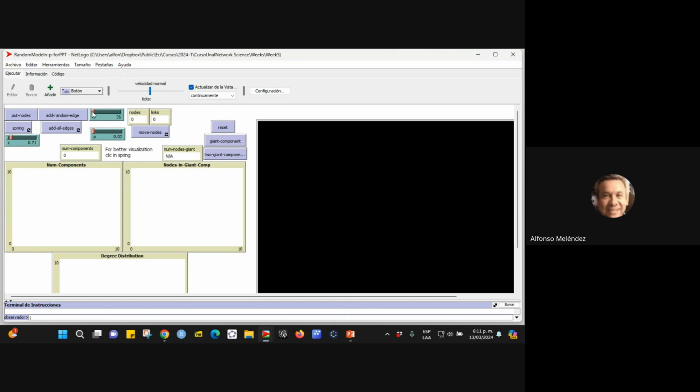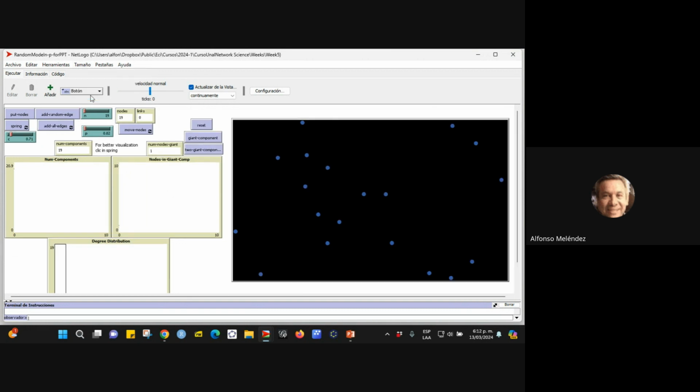I put some nodes, for example, 19 nodes. They are here. And what do you think I'm going to do now? Please, someone tell me. Generate random edges. Exactly. Generate random edges.